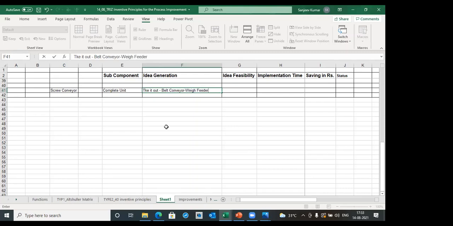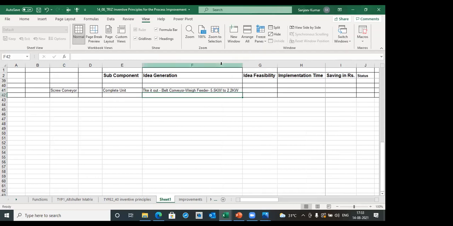We have an approximately 20 tons per hour weigh feeder in another project, which comes with 0.8 or 0.9 kilowatt, so we are considering 1.5 kilowatt for the weigh feeder.